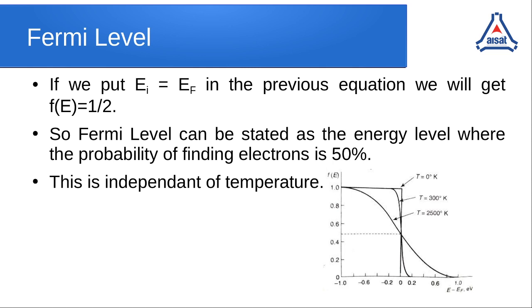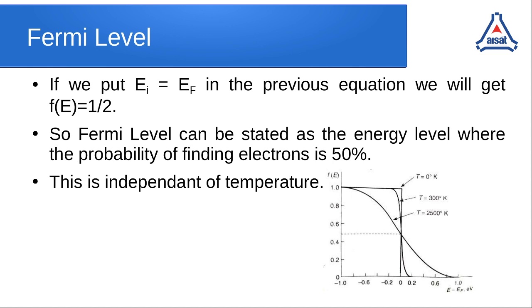Now if we increase the temperature, say 300 degree Kelvin, we could see a change in the plot. Here on the right side of 0, there are a bit of electrons, which means that we could find few electrons in the energy level above Fermi level. If we keep on increasing the temperature, the number of electrons found in the energy level greater than Fermi level increases.